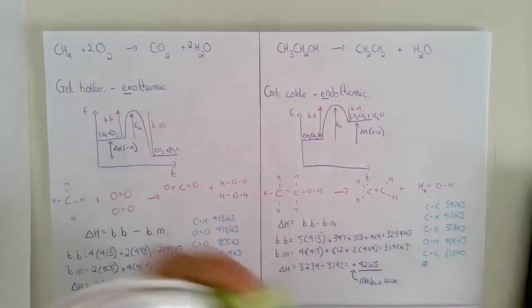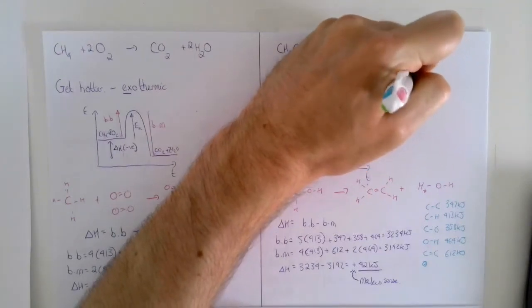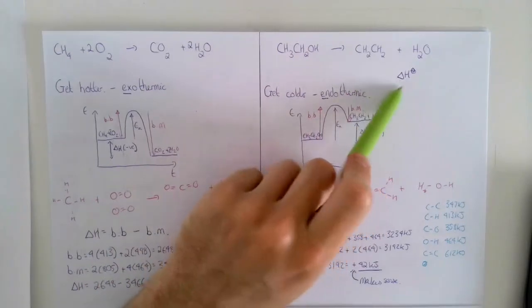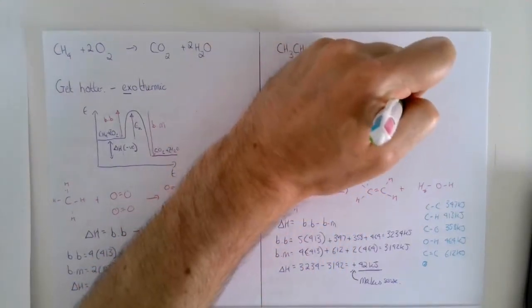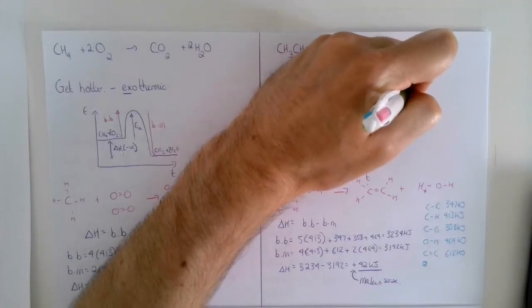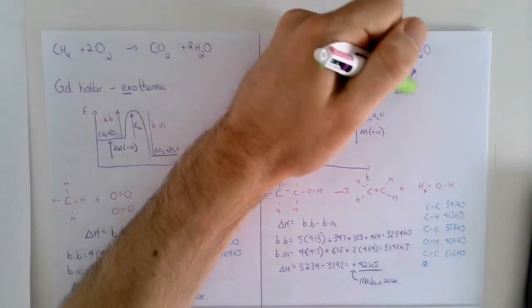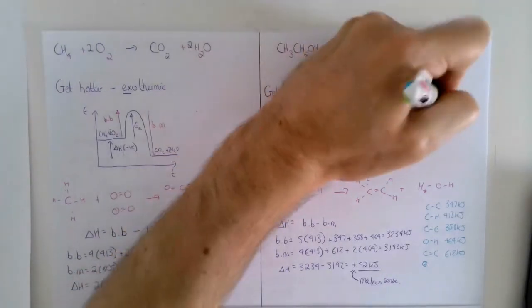And then the final thing that I want to mention in this section is the idea of a standard energy change or enthalpy change. So you get this symbol, which I haven't drawn very well there, delta H, and then a circle with a line through it as a superscript, which means a standard energy change or standard enthalpy change.